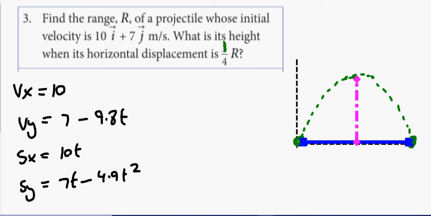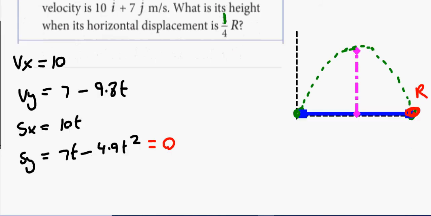What do we know about the range? What's guaranteed at the range? Sy equals 0. So let's start off with that. Let's factorize out the t, and we get t times 7 minus 4.9t. T equals 0, which is the green point.